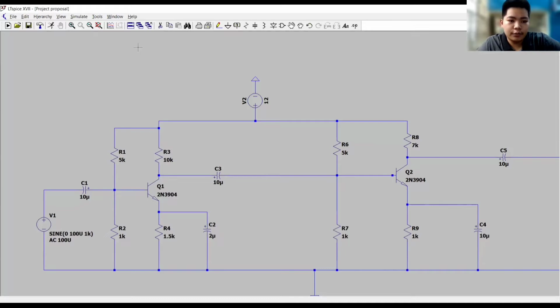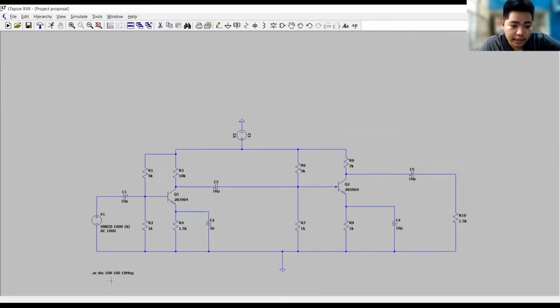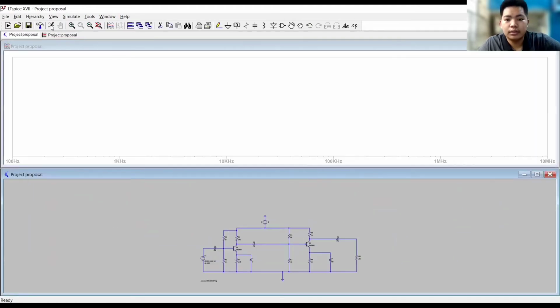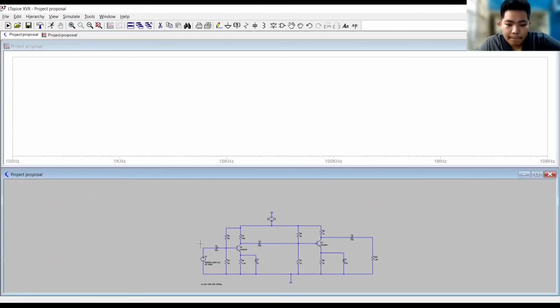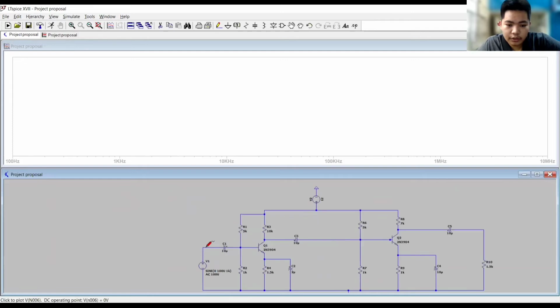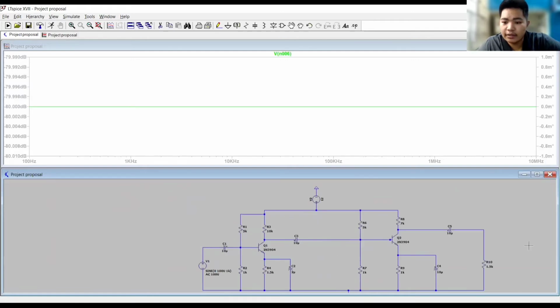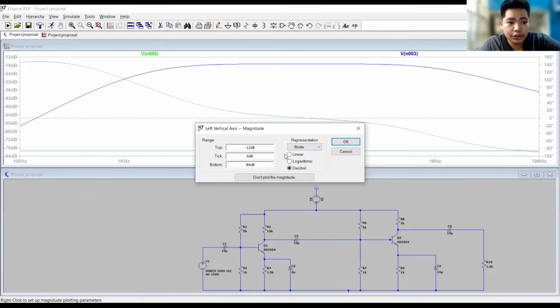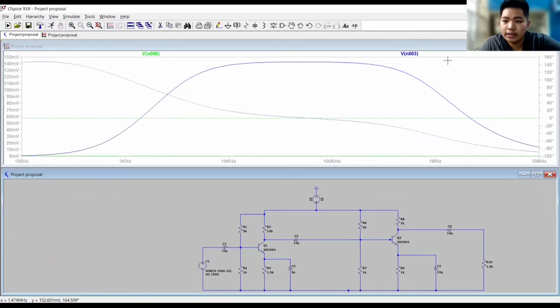So if we use AC sweep and click on run, we need to first select V in and V out, and then change the representation of the y-axis to linear, thus giving us this plot.